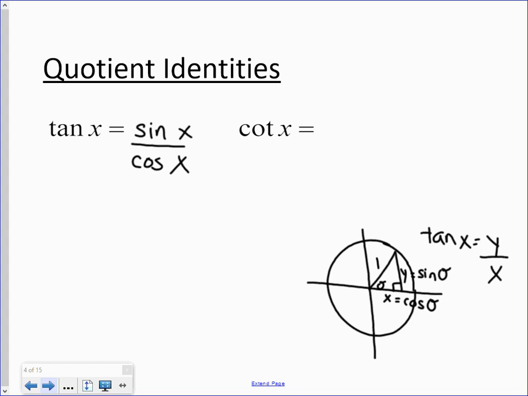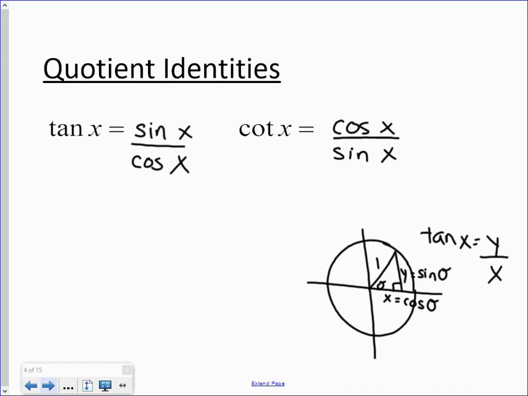So that's a quotient identity. And cotangent then would be cosine x over sine x. So those you'll need to know in the future. I might spend a little bit of time studying those. Not real hard, and we'll use them quite a bit, so I think you'll get the hang of that one, and it'll kind of stick in your mind.